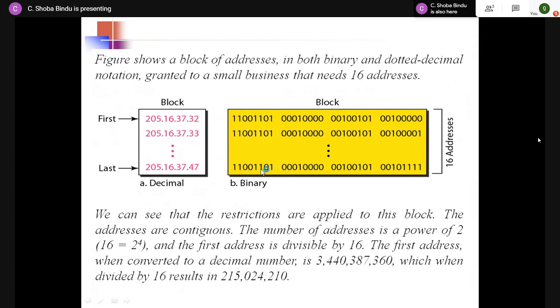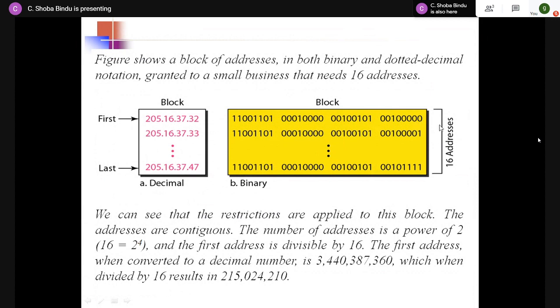Also, the last address that you are going to have is with all ones at the end. This is for broadcasting within this network. When you want to broadcast to all the nodes in the network, it will be transmitted with this as the destination address, so that all the nodes in this network will receive it.